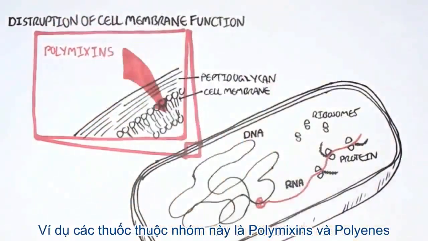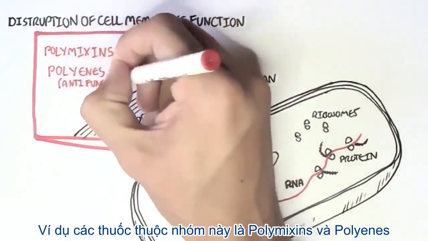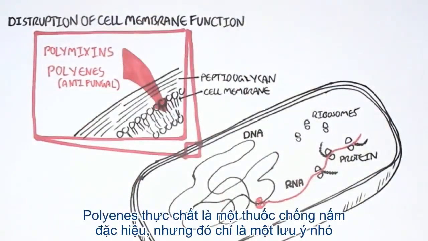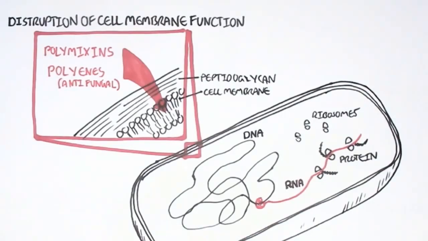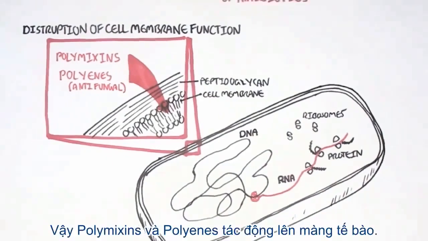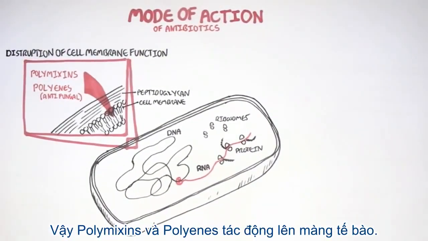Examples of these drugs are polymyxins, which I spelt wrong, and polyenes. Now, polyenes are actually specifically used against fungal pathogens, but that's just a note to know that you can use polyenes that target cell membranes in fungus. So polymyxins and polyenes target cell membranes.